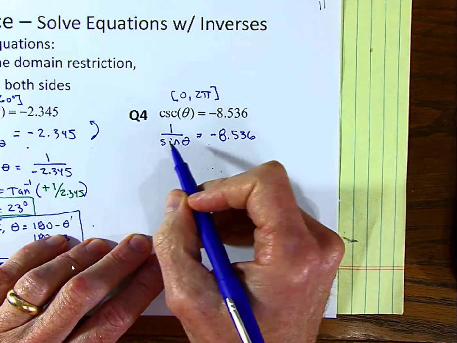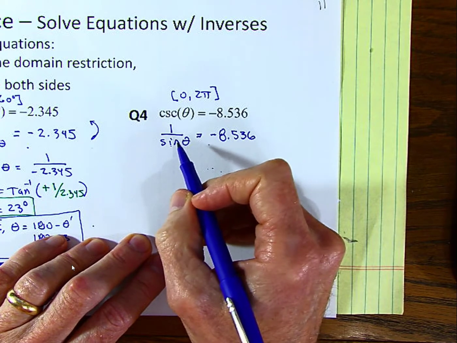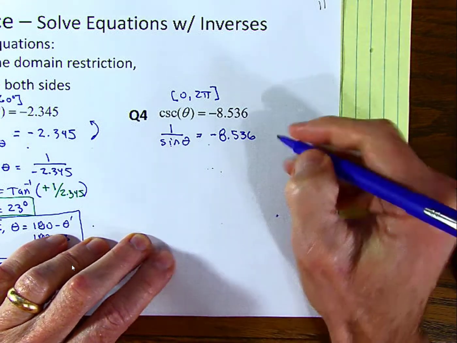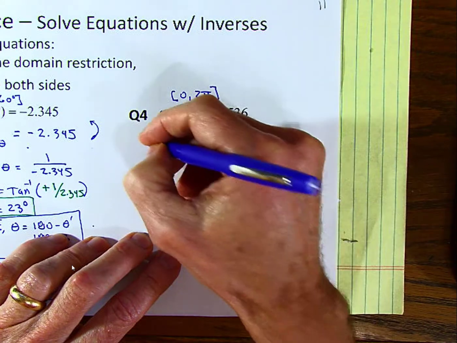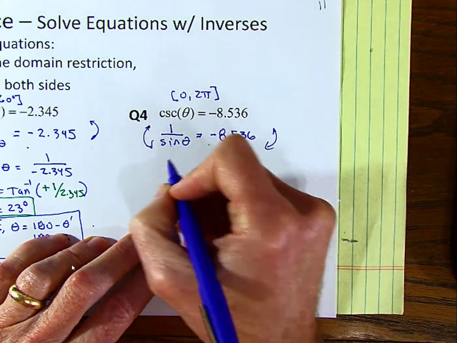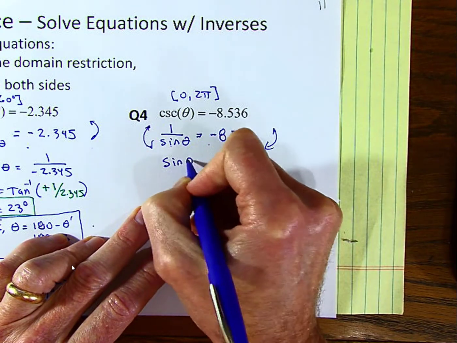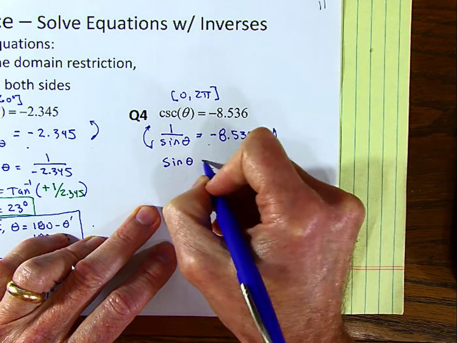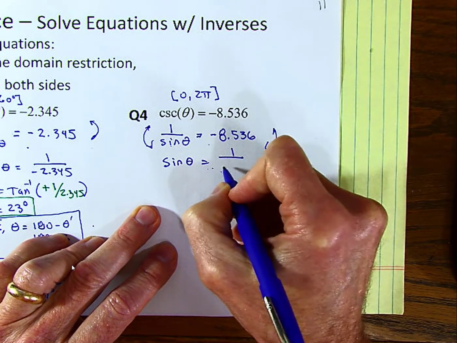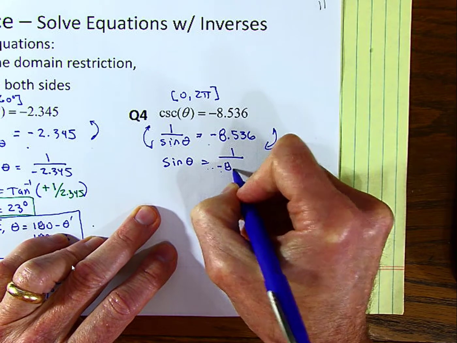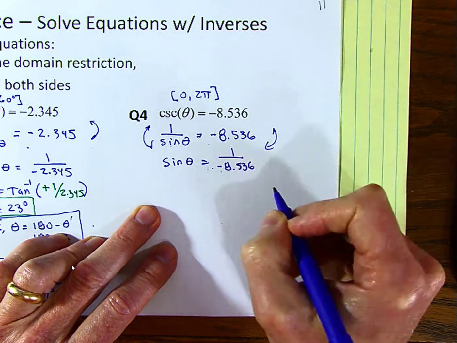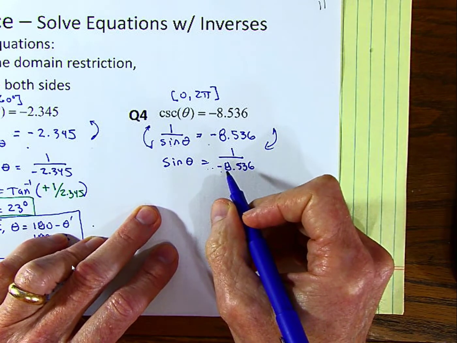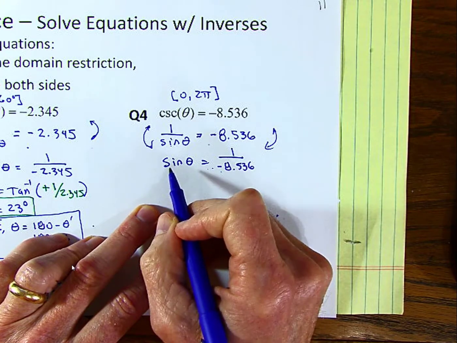I cannot solve for the inverse sine unless sine is by itself. So I have to get sine by itself, and I'm going to do that by taking the reciprocal of both sides. So I flip this side, I'm going to flip that side. This is solvable now because I have an inverse sine.